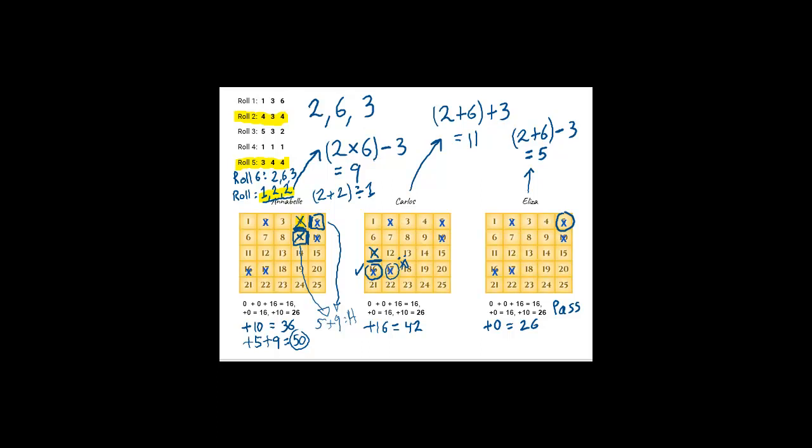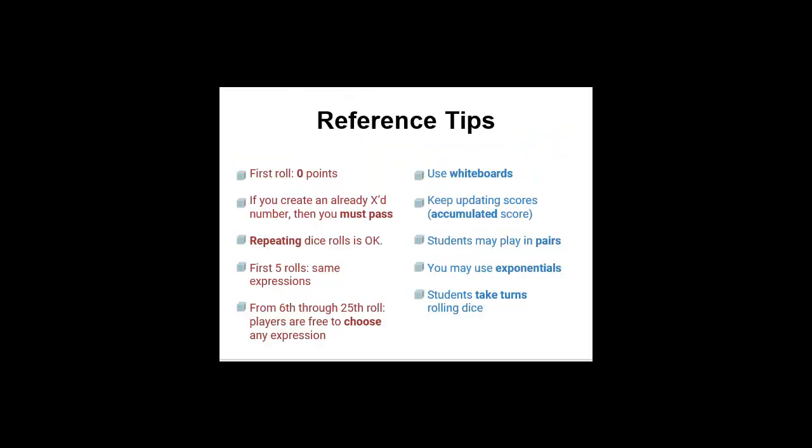So let me finish with some quick reference tips, in case you want to rewatch this video or you just go to the end. So remember that the first roll is always 0 points. That's because it's a brand new board, so you won't get any already marked boxes. Second tip, if you create an already X'd number, then you have to pass.